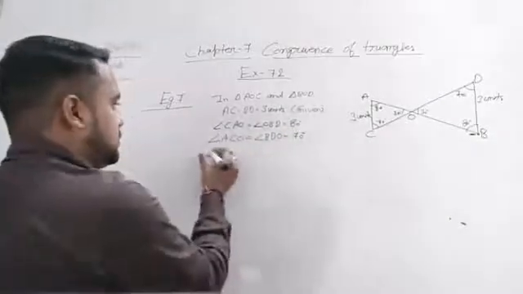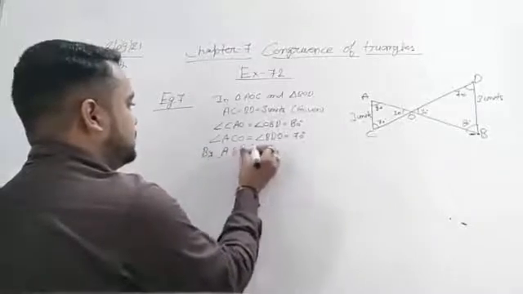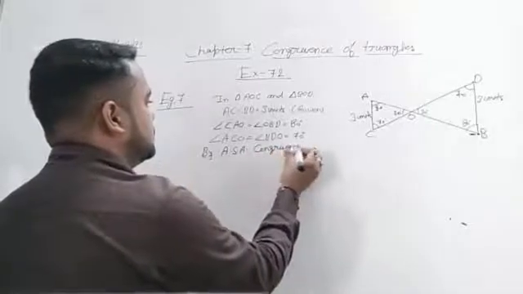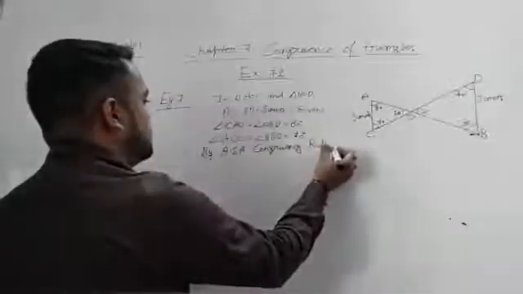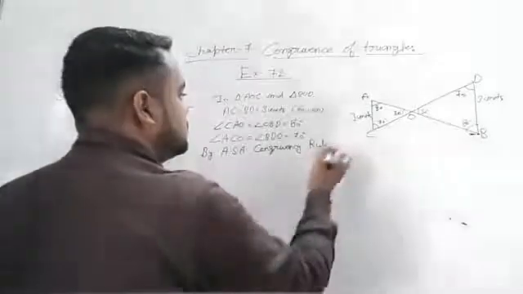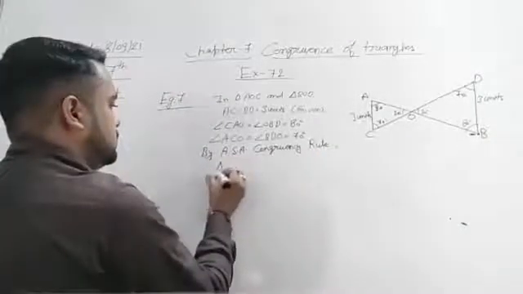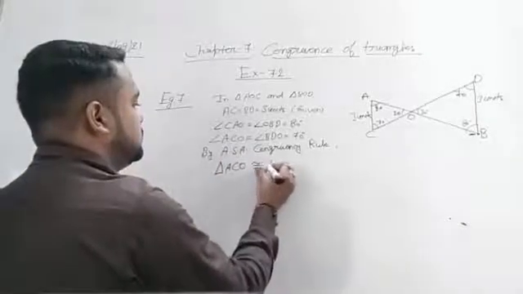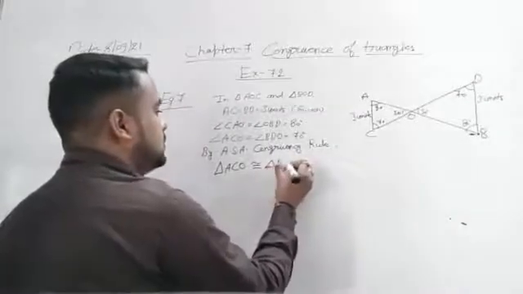So by the angle side angle congruency rule, triangle ACO is congruent to triangle BDO.